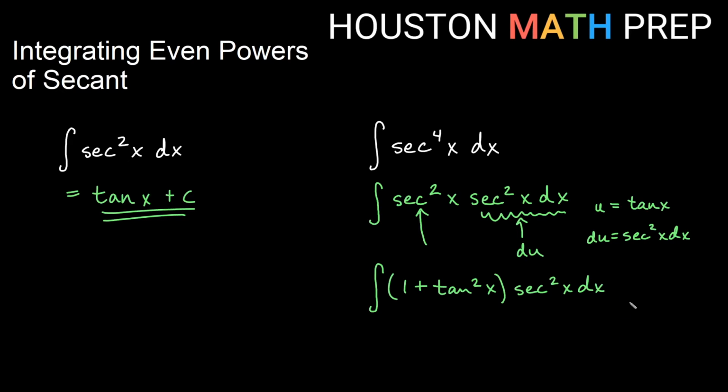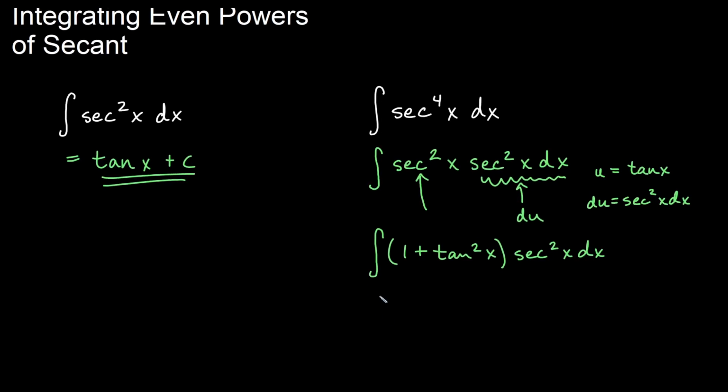We'll be able to do u du now. So my u is tangent x, my du is secant squared x dx. So this integral becomes the integral of 1 plus u squared du. We can integrate this easily.